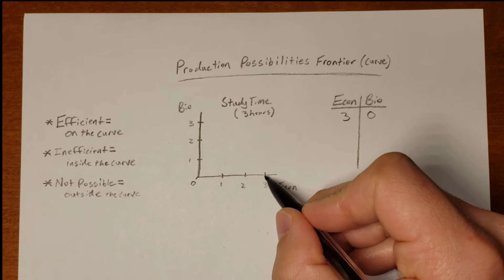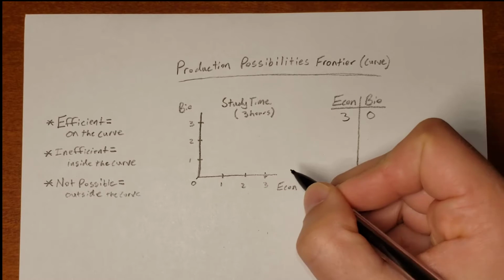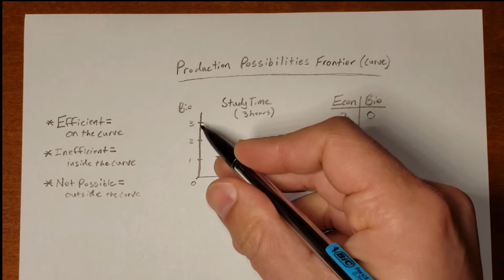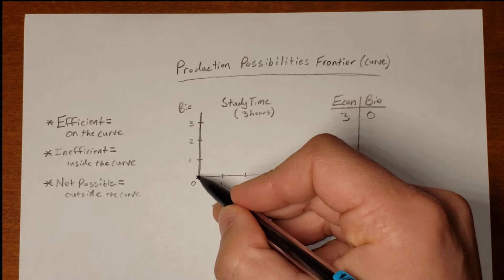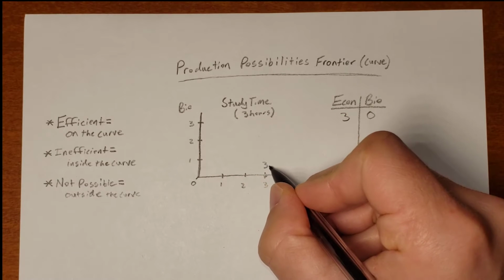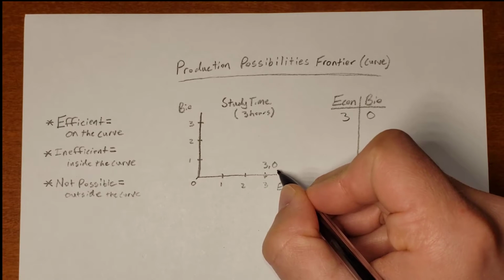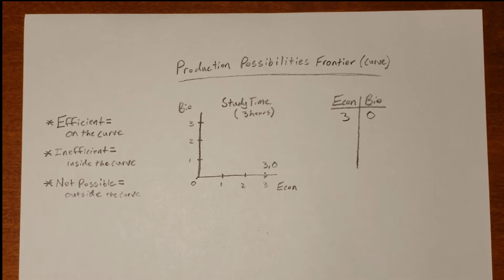So on the horizontal axis, or the x-axis, we're going to go ahead and put a point here for 3 for econ, but on the y-axis, or the axis for biology, we're at 0. Okay, so we're at 3 and 0. 3 hours of econ and 0 hours of biology. To make it easier to follow, I'm going to switch colors.